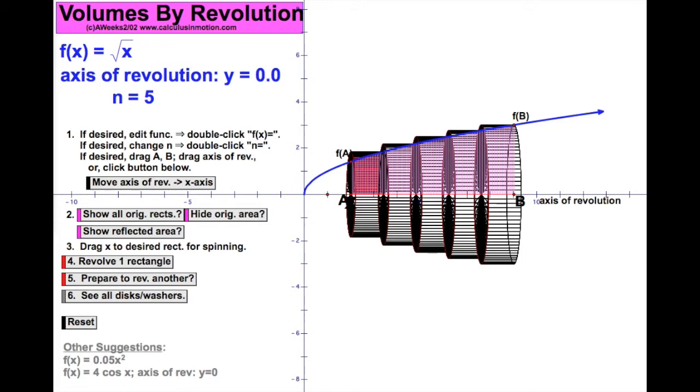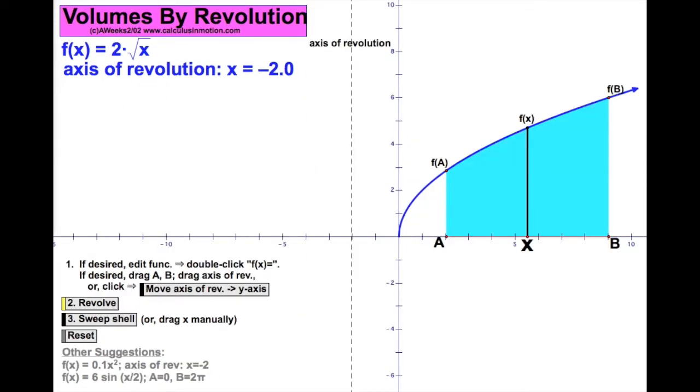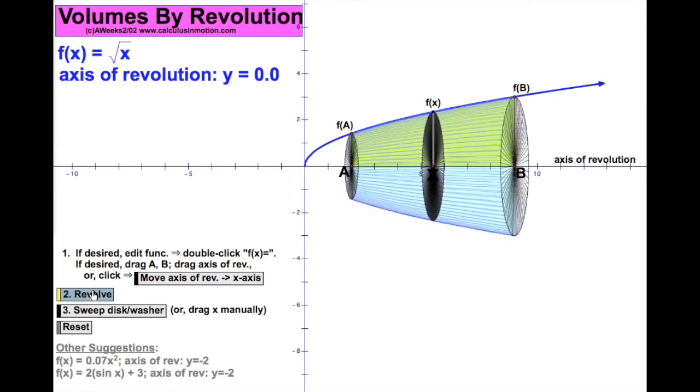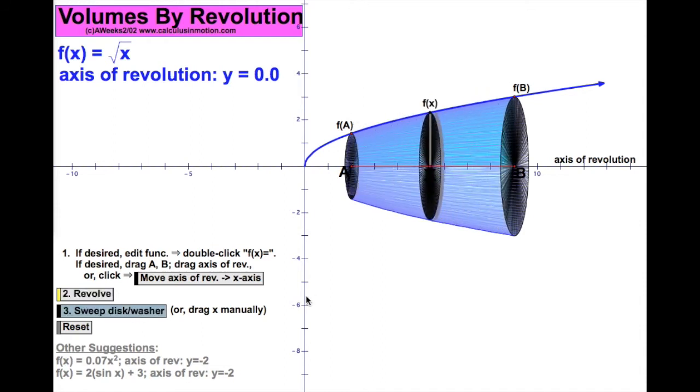So let's see what it looks like when we use infinitely thin rectangles. If we revolve, we will have a volume of revolution that looks like this, and we will add all these disks, hence the name disk method. So all these disks together create a volume.